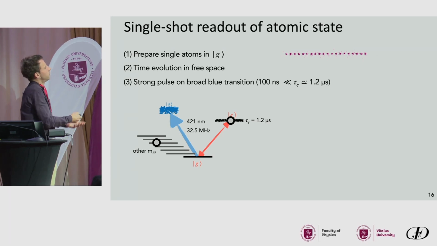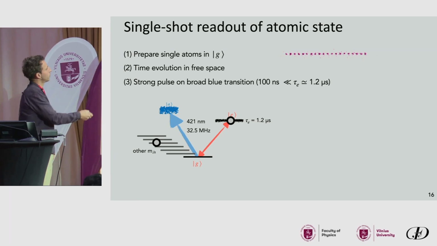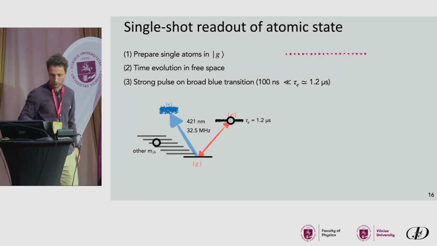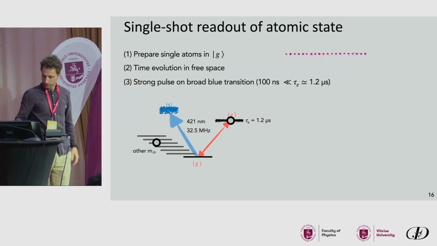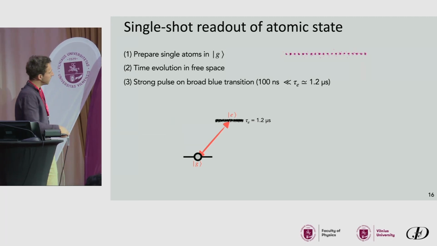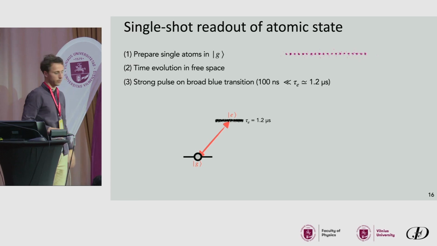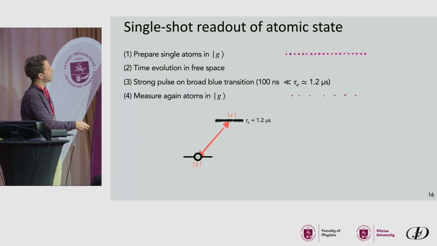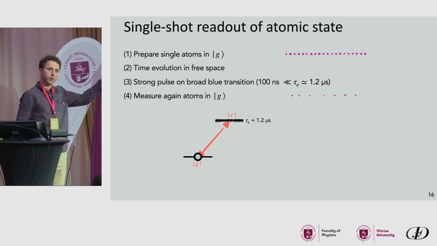We have 1.2 microseconds to do that, but it's long with respect to the 100 nanoseconds it takes. So we can remove the ground state atoms, and then we let the atoms that were in the excited state decay to the ground state, and we measure again. The ones that we measure are the ones that were in the excited state. So when we measure an atom now, if it's here, it was in the excited state.